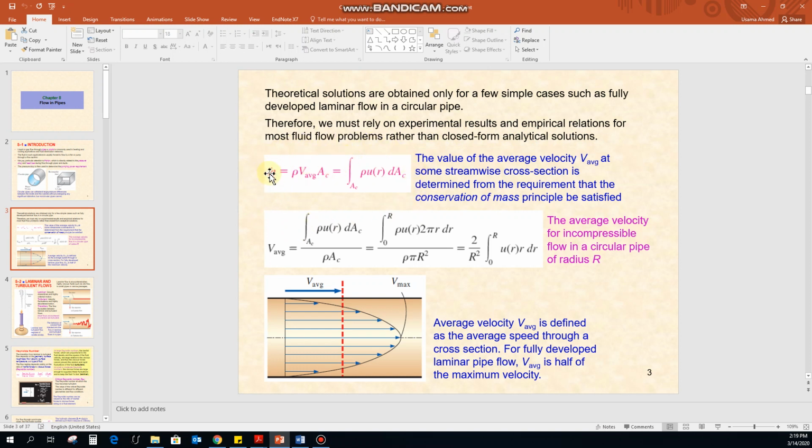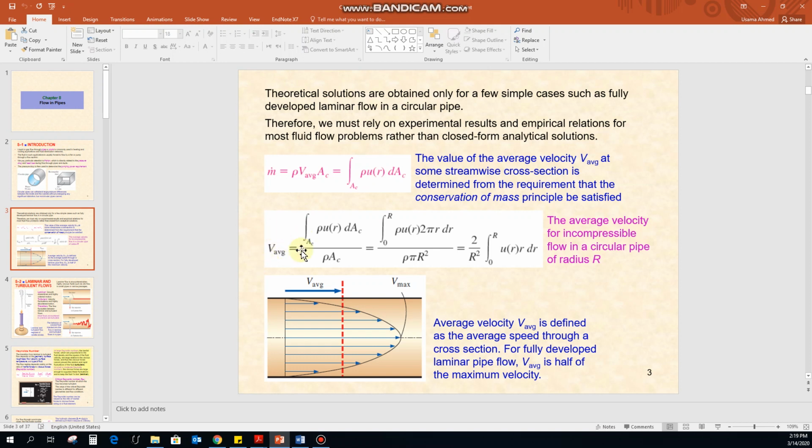Here we have the mass flow rate, m dot, which is equal to density times the volumetric flow rate. And if you are provided with a velocity profile, we can replace this average velocity with u(r), which represents the velocity profile of a fluid within the pipeline.